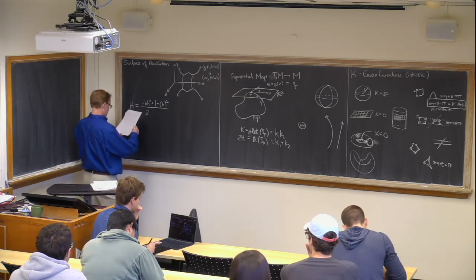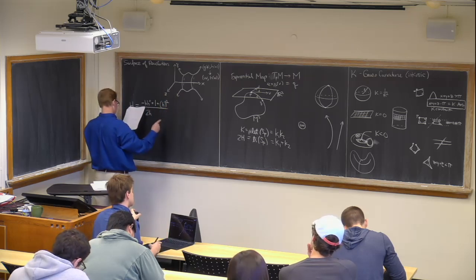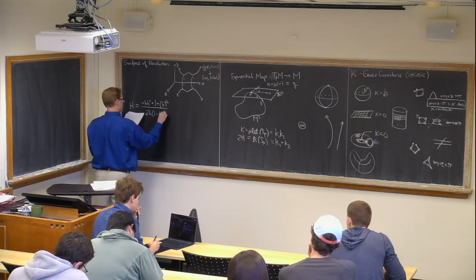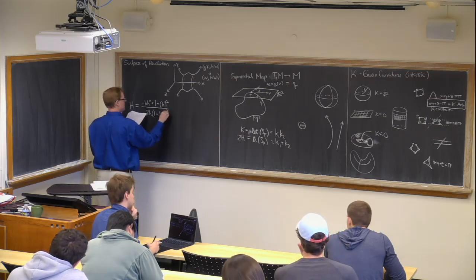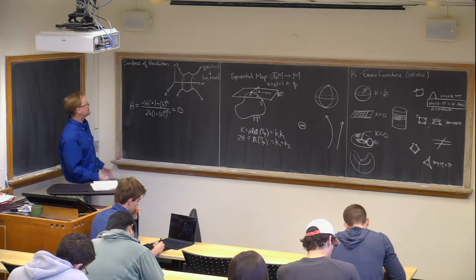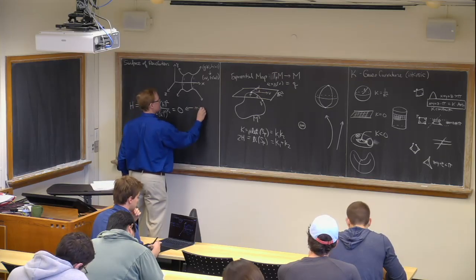Then the mean curvature is equal to, where h is a function of w, the same expression over 2 times 1 plus h prime of w squared to the power of 3/2. And we're going to set this equal to 0. Let's find all minimal surfaces. When you set H equal to 0, that's called a minimal surface. We explained that last time.